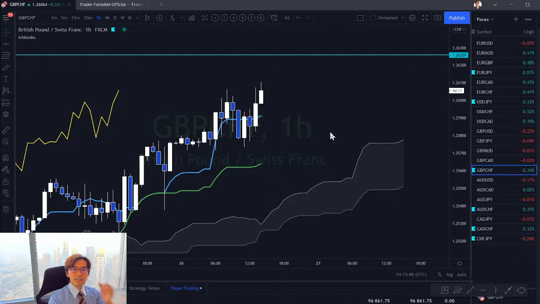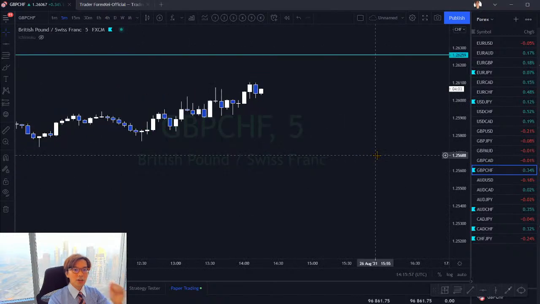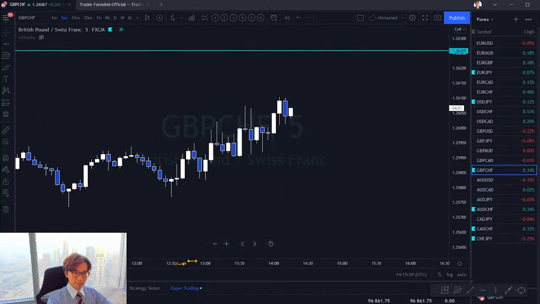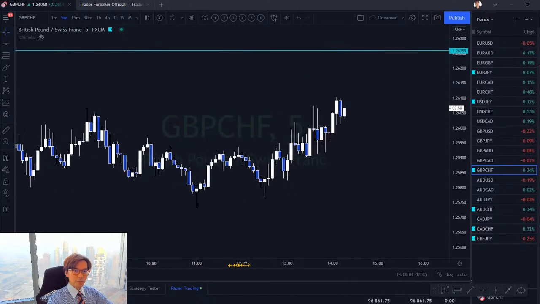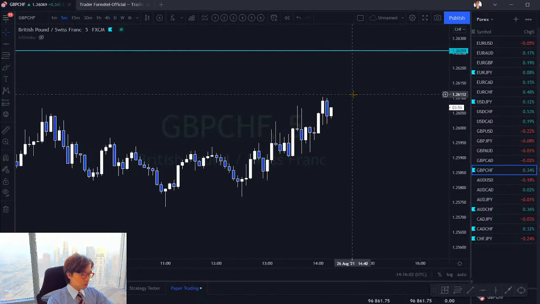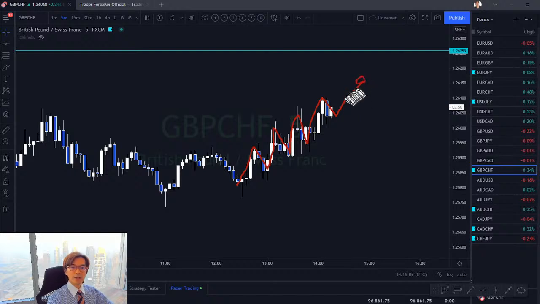Okay, so let's see. Let's look at some lower time frames in the 5-minute chart and talk about the wave analysis. So in terms of the wave formations right now, this is also in bullish waves in the 5-minute chart. So we can expect the continuous uptrend here.